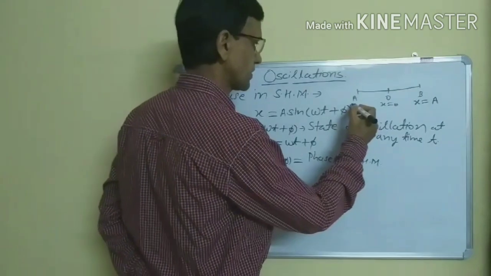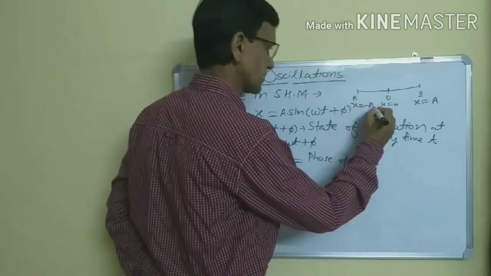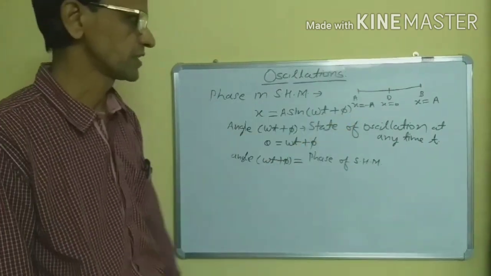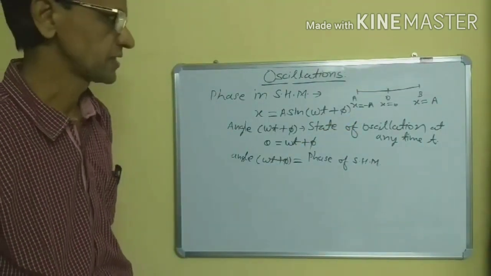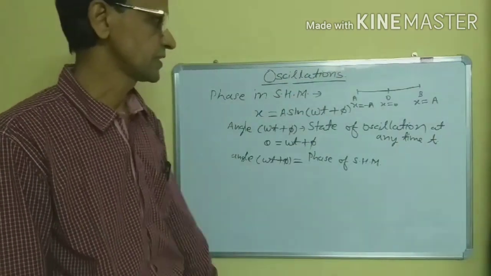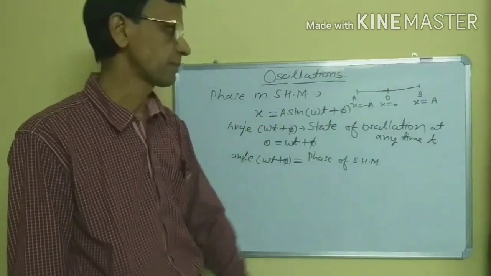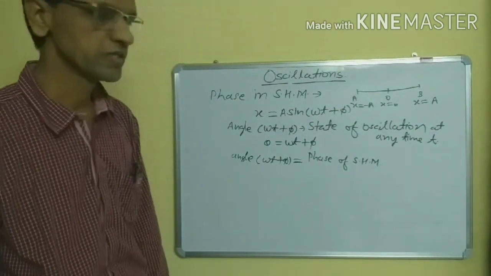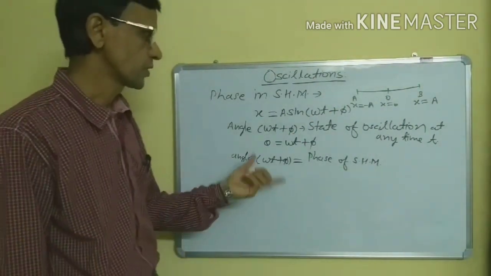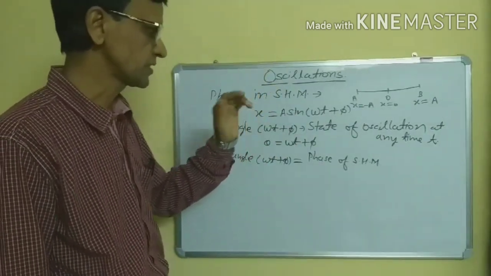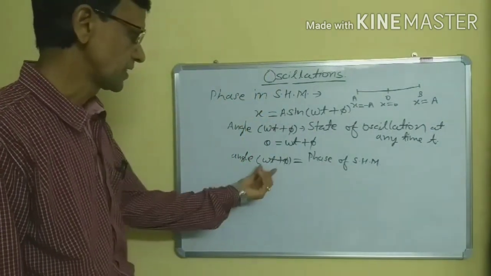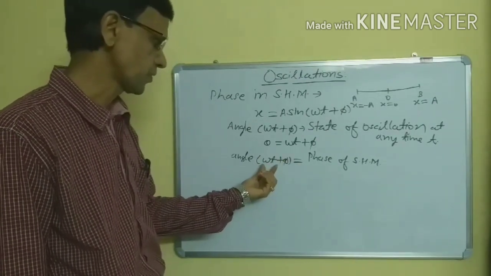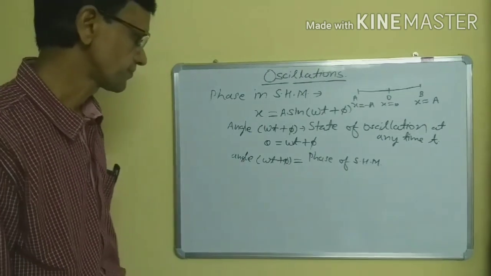At extreme left position, x is equal to minus A, a negative value of amplitude, because it is along the negative x-axis. So this oscillation of the particle is represented on the straight line path between the extreme positions A and B, and O is its middle position. At any instant of time, the state of oscillation of the particle is determined by the phase angle of SHM, omega t plus phi.